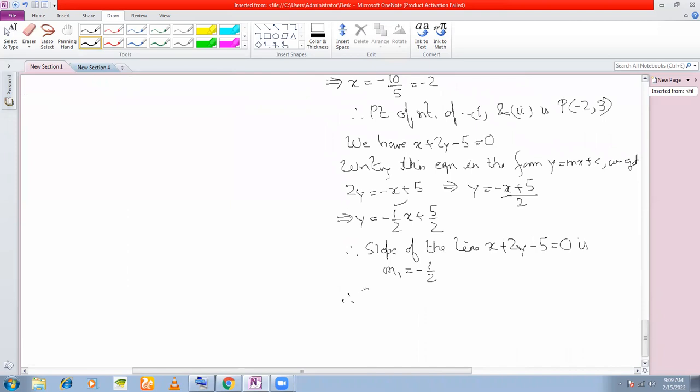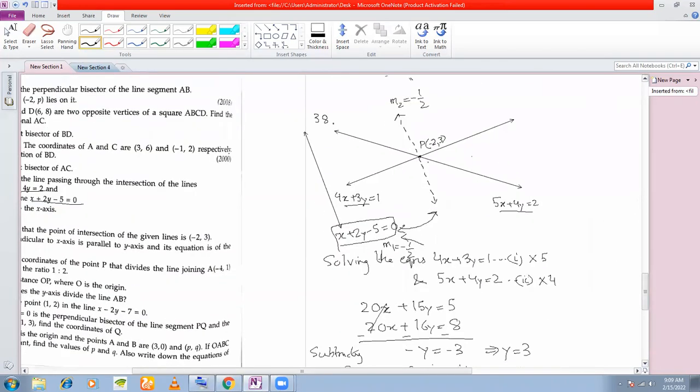So the slope of the required line, m2, is equal to m1, which is minus half. Now, how will you find the equation of this dotted line?